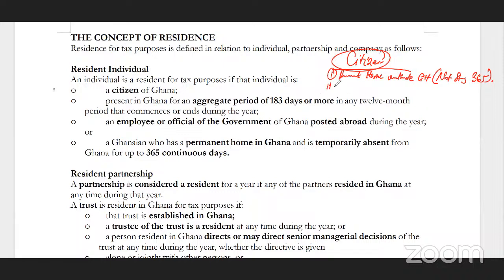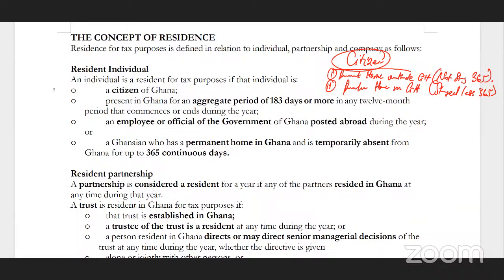Two, if you are a citizen, but you have a permanent home in Ghana, right? But you stayed outside for less than 365 days, you are still a resident. Do you get a rule about citizens? So it means that so far as you do not stay outside for more than a year, you are still resident in Ghana as a citizen. Hello? Does that make sense?